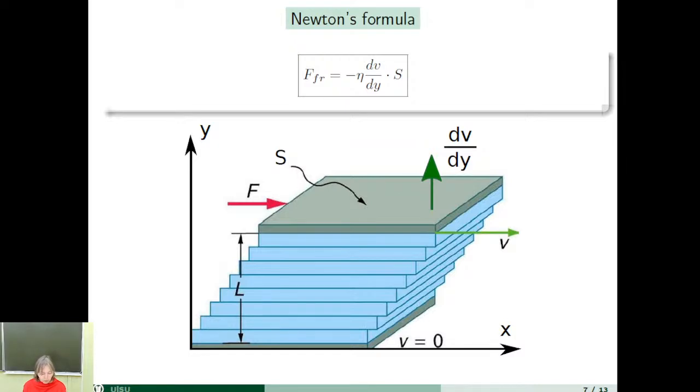The fluids whose viscosity may be defined by Newton's equation, and look at the expression in a box where F friction is proportional to the gradient of speed, are called Newtonian fluids. For Newtonian fluids, the coefficient of viscosity eta depends only on temperature and nature of fluid, and does not depend on conditions of fluidity.